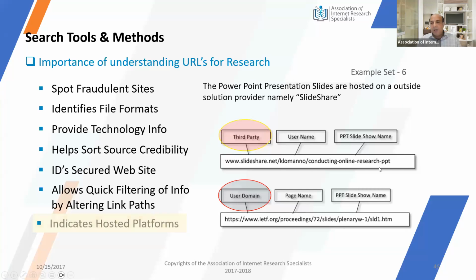In this case, it is PowerPoint, and it is coming from slideshare.net. It is not coming from the main domain of the owner. In other words, slideshare.net is another platform where the page called Conducting Online Research is coming from. Or, I'm sorry, it is actually staged or hosted on a third party platform.